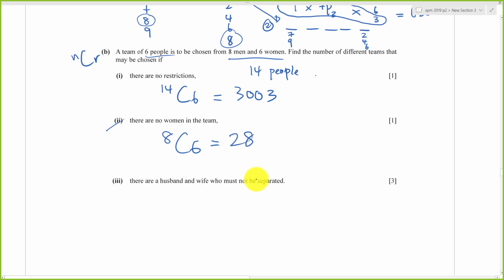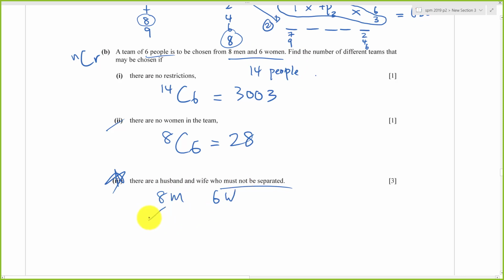Okay, so the last one is quite a famous case. There's a man and a wife who must not be separated. Must not be separated over here means what? Means I can either put both of them in a team or I exclude both of them from the team. So what I want to do here is I have 8 men and 6 women, right?